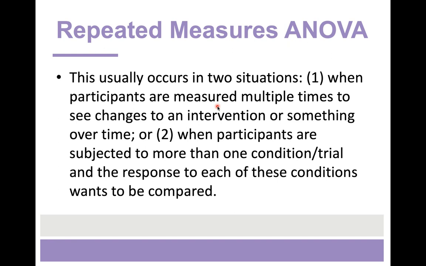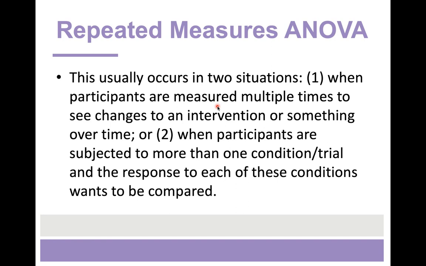So we evaluate people at diagnosis, and then 1 year later, 5 years later, 10 years later, whatever the time frame is, we're taking a single group of people and then following them over time. So the independent variable is time, and our levels are the time frames that we choose.